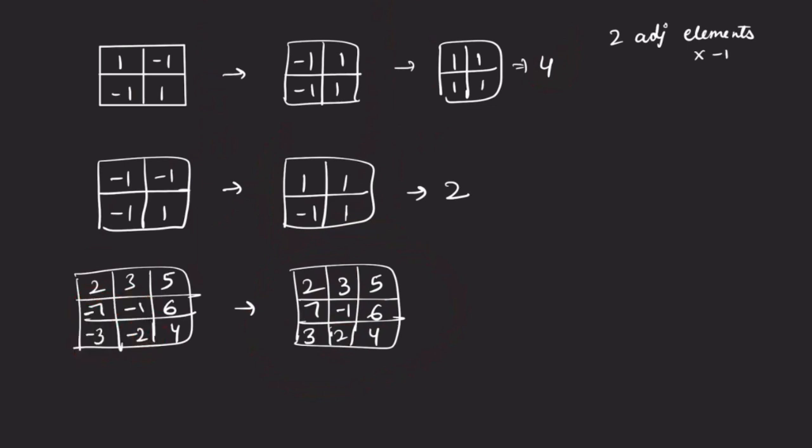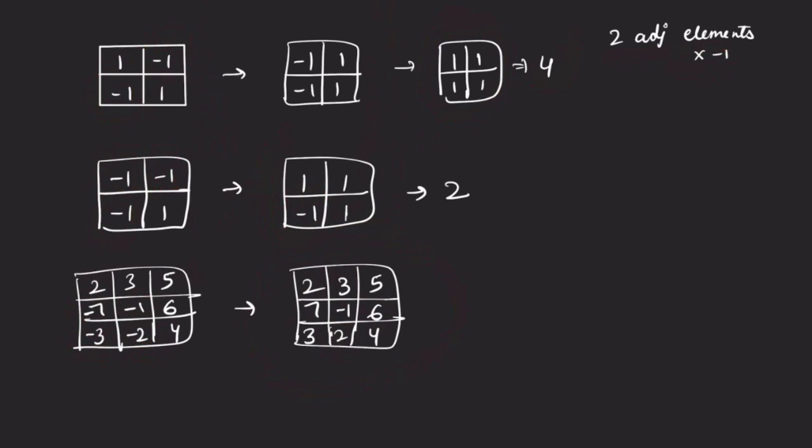Can you notice one thing here: whenever there was an even number of negative elements, we were always able to convert all of them to positive numbers. But when the number of negative elements was odd, there is always one element remaining negative. We cannot make it positive in any case. We can apply this operation any number of times, but you will never be able to make this one negative element positive.